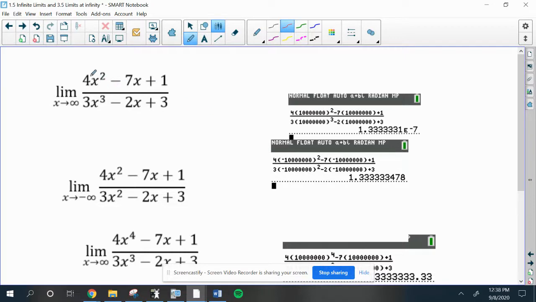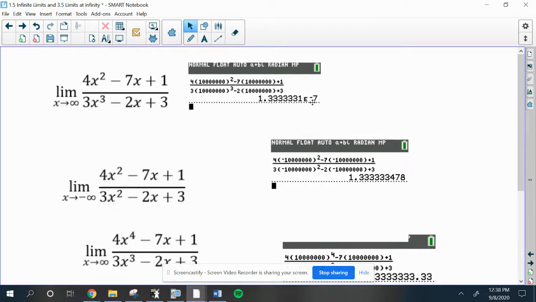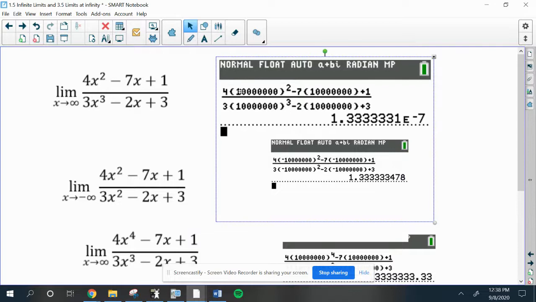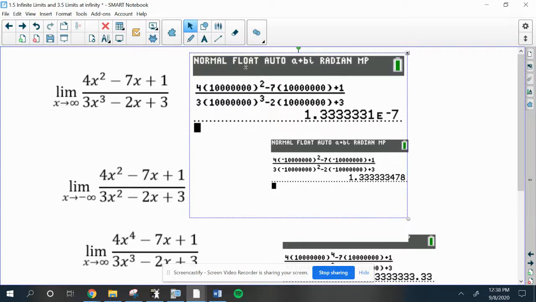If I was to ask you, okay, let's figure out what this limit is. I said x is going to infinity. Well, you can do it numerically, and you can just type in infinity to all the x's, which you can't really do, but I'm using this number. So I know I'm getting close to infinity.